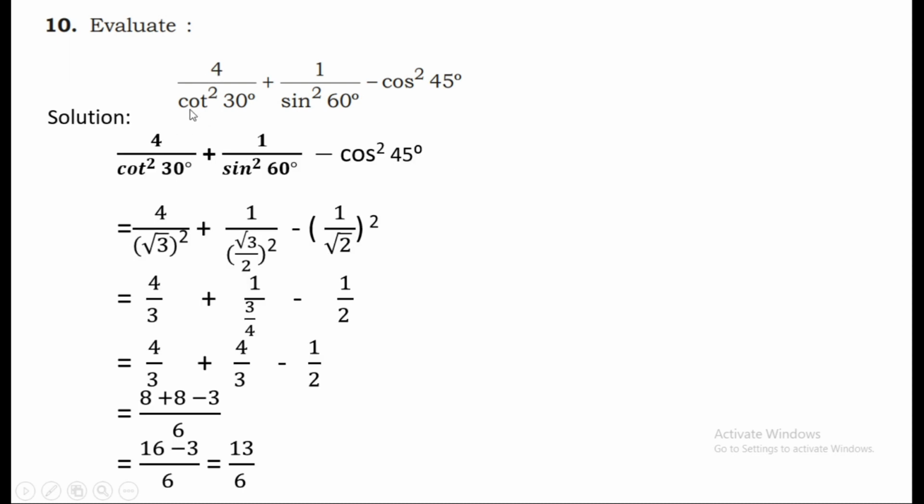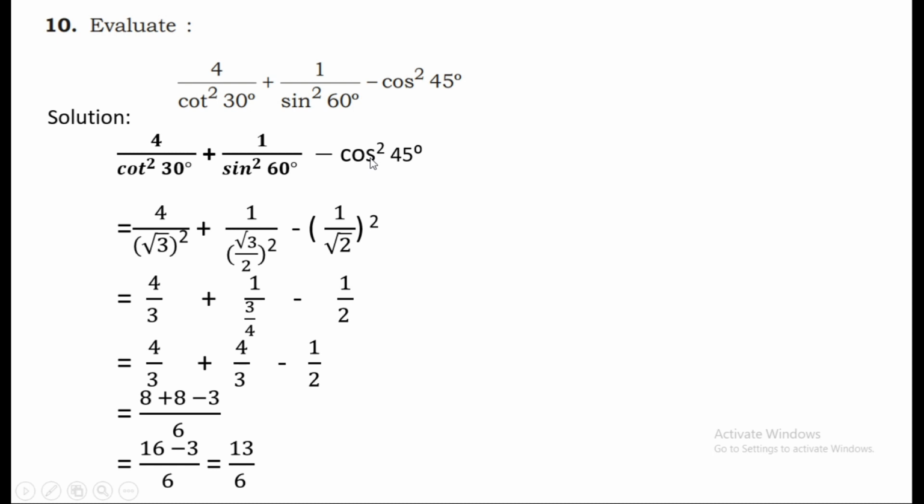4 cot square 30 plus 1 by sine square 60 minus cos square 45. So 4 is there in the numerator, in the denominator. Cot 30 value is root 3. Whole thing square. Why whole thing square? Because this is cot square 30. Same thing here. Sine of 60 is root 3 by 2 square, because sine square 60.